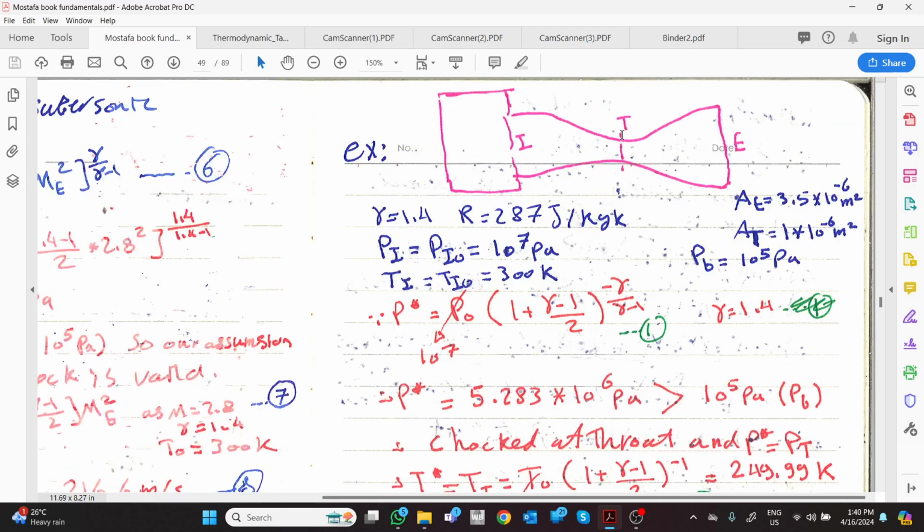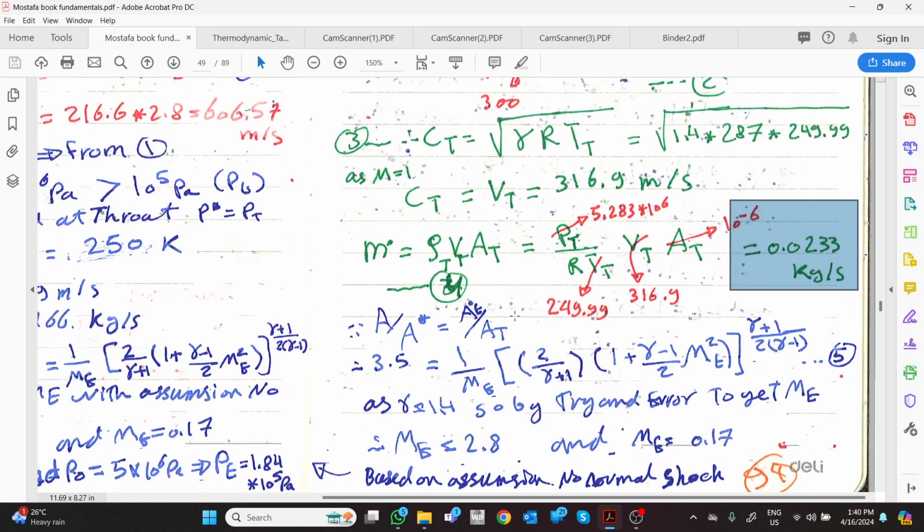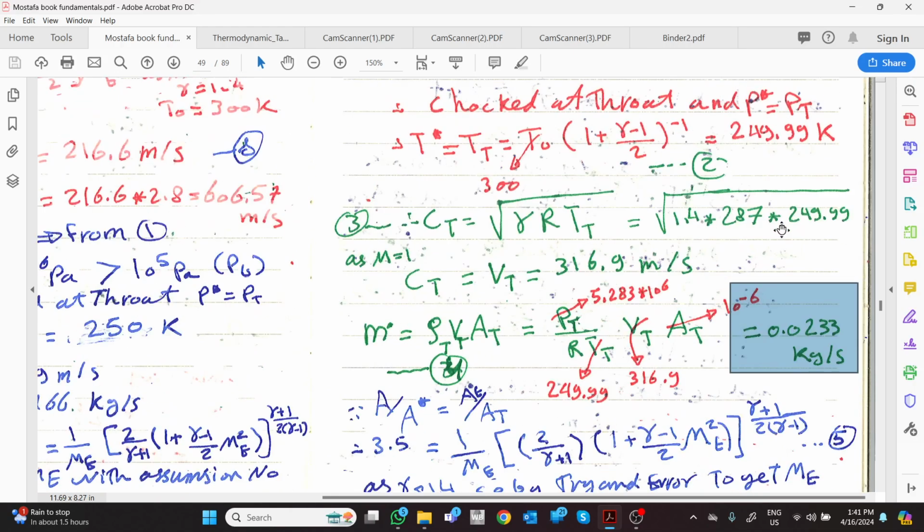Because the Mach number equals 1 here, the area here is A star. It is a fact. So area exit divided by A star, which is area exit divided by area throat, is 3.5. Simple, 3.5, the given area divided.